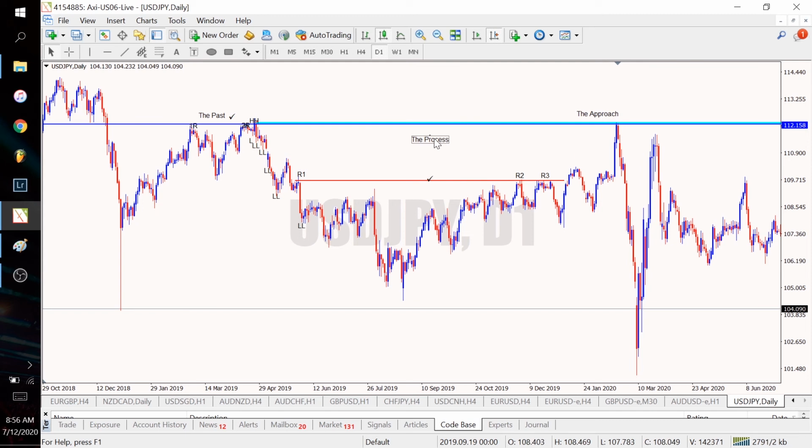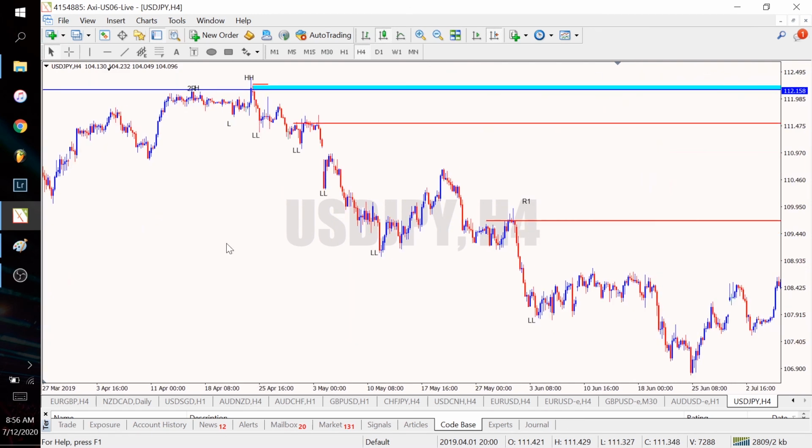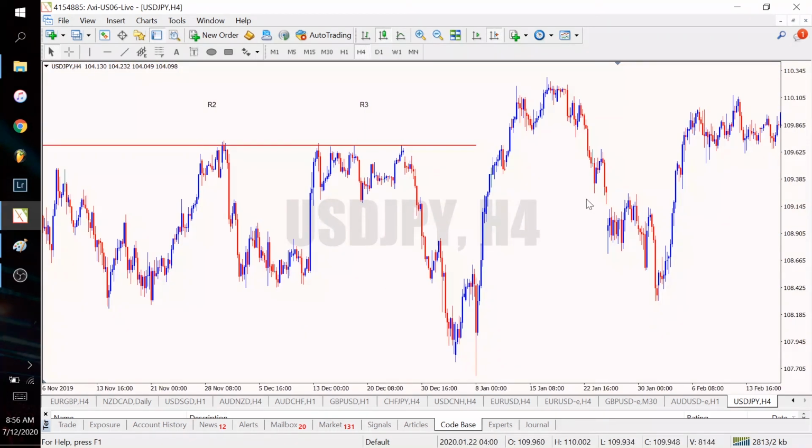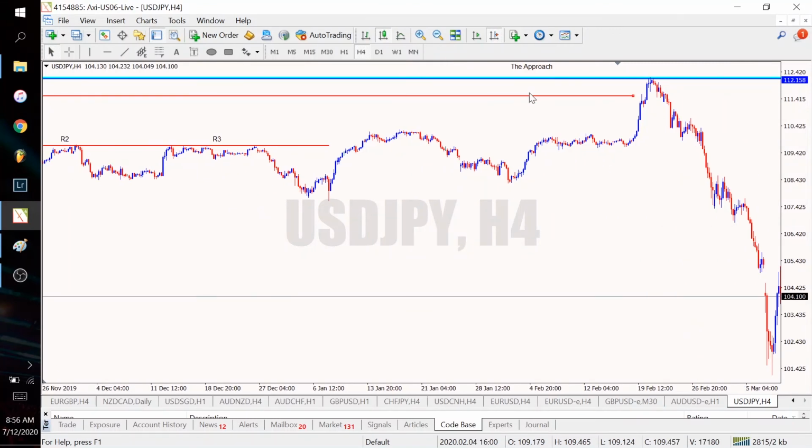So in this case, what we can see is roughly somewhere at this level, we have the final fake out as well. Very nice. So let's go down to H4. We have some resistance here. We have another small resistance here.